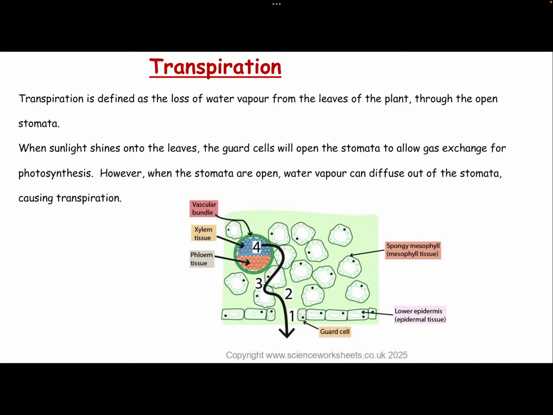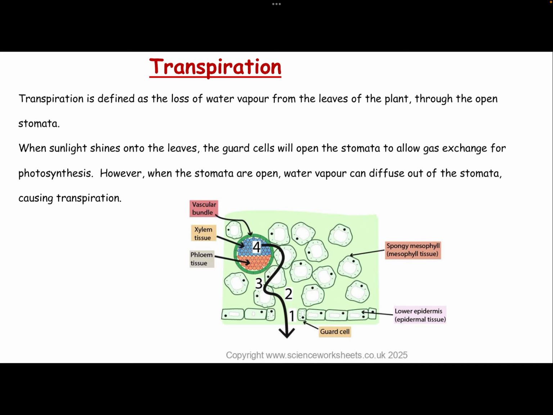Transpiration. Transpiration is defined as the loss of water vapor from the leaves of the plant through the open stomata. When sunlight shines onto the leaves, the guard cells will open the stomata to allow gas exchange for photosynthesis. However, when the stomata are open, water vapor can diffuse out of the stomata, causing transpiration.